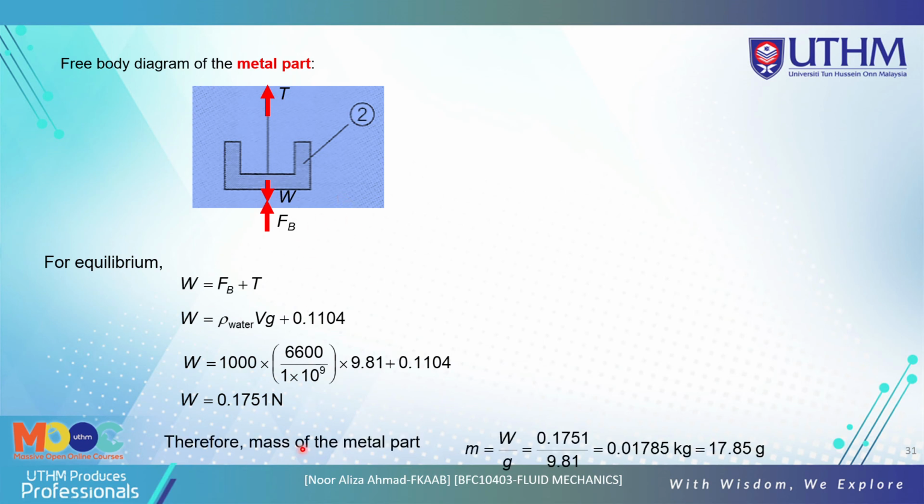Therefore the mass of the metal part is W divided by g, so you get 17.85 gram for the weight of metal.